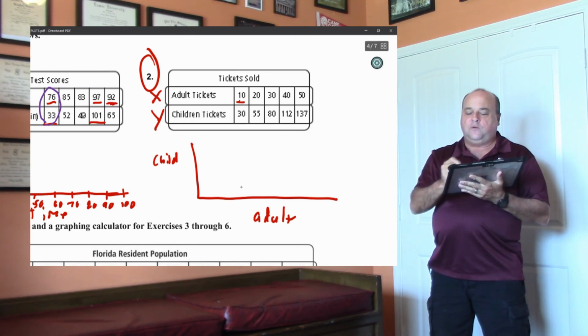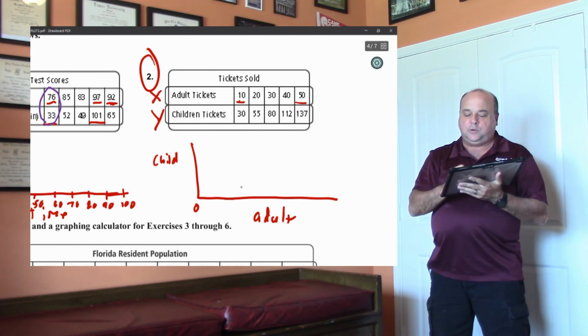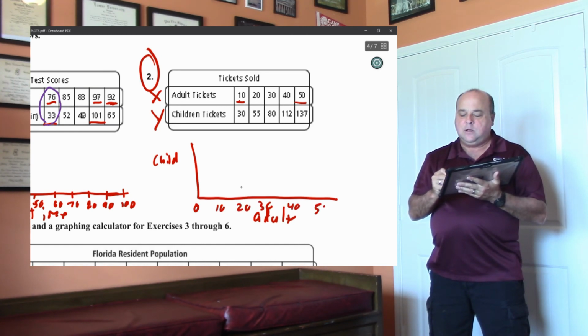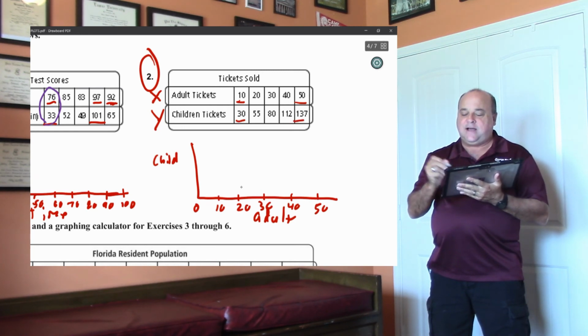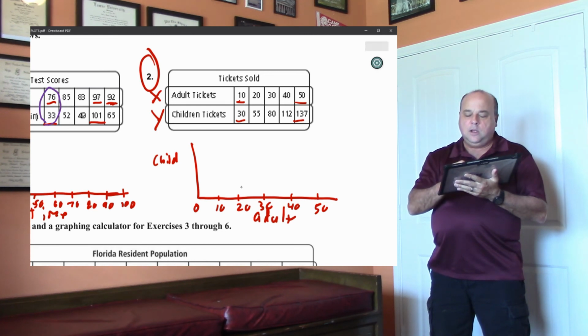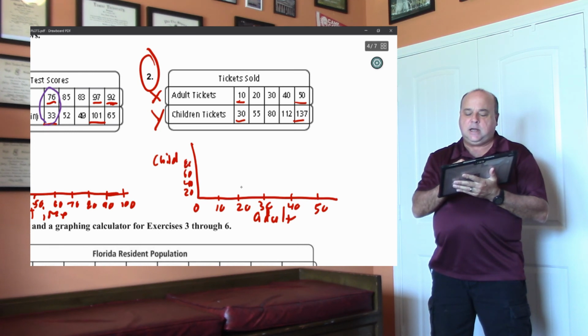This will go from 10 to 50, so I'm going to put 0 here, then 10, 20, 30, 40, 50. Try to space them equally. Now the child tickets go from a low of 30 to a high of 147. So let's go up by 20s: 20, 40, 60, 80, 100, 120, 140, right?